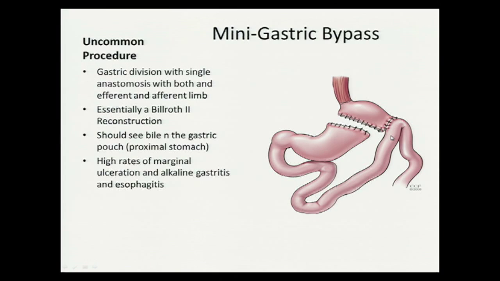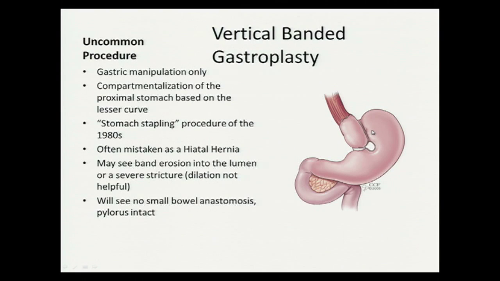If you see this, you may identify patients that have marginal ulceration, particularly at the anastomosis, as well as significant alkaline gastritis as well as esophagitis.